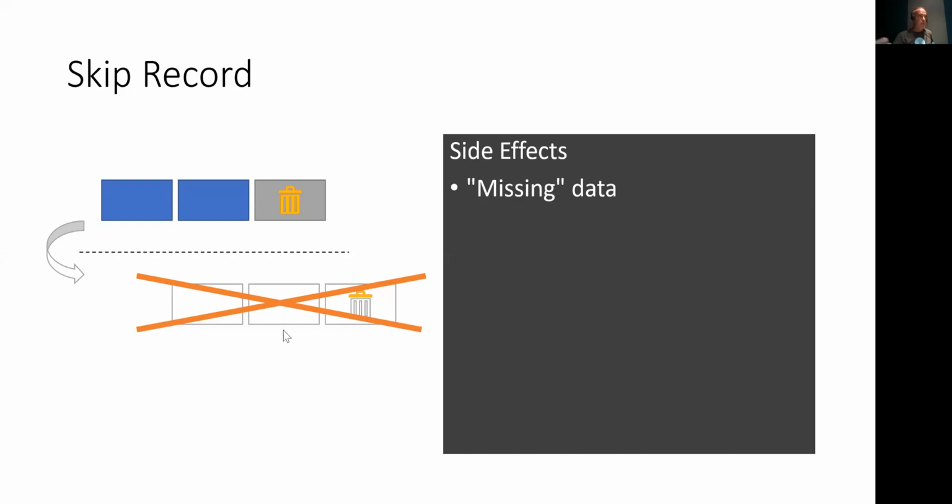Duh, Nuri, you skipped the data. Of course it's missing. How it shows up is maybe I have sales records to import, and now the total sales in the source amount to 100,000, and in my destination, I'm reporting less sales because I skipped data.